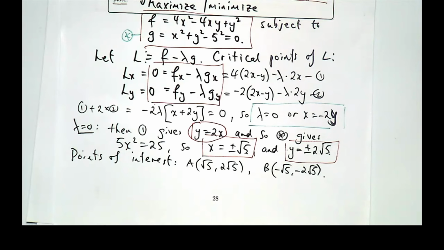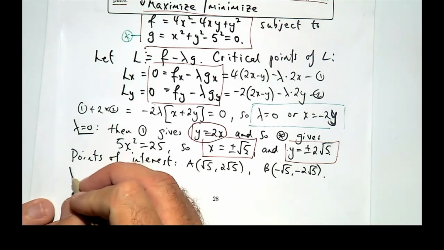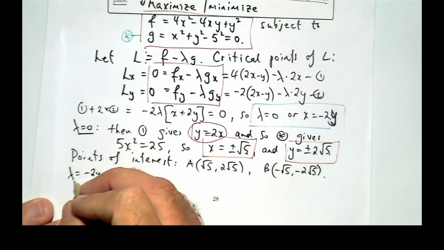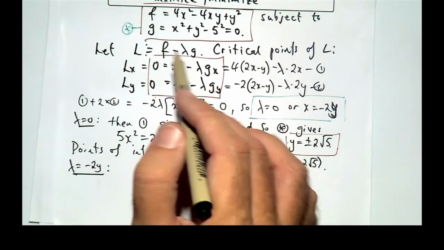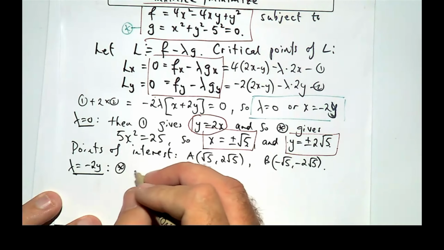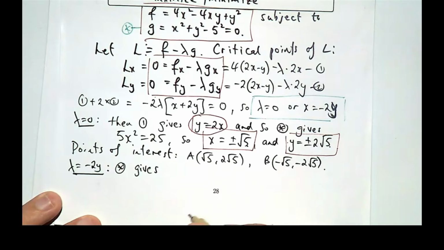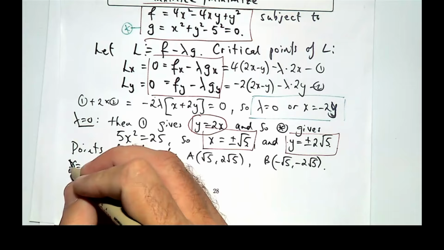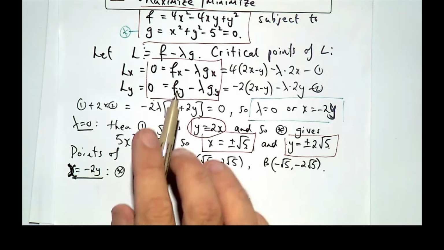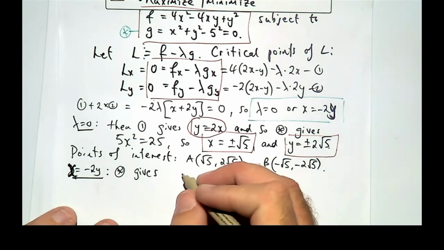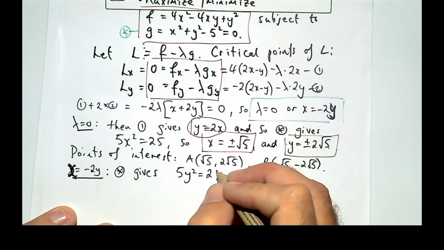Okay, so we're halfway there. We just need to look at the case x equals negative 2y, and then we can make a conclusion, right? Again, the constraint equation can be helpful here. Sorry, x equals negative 2y. So we sub that in for x, and we'll get this.